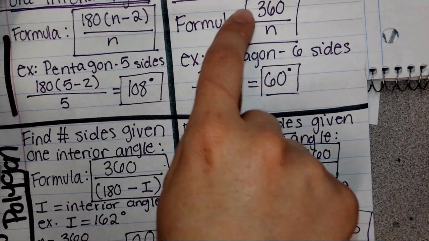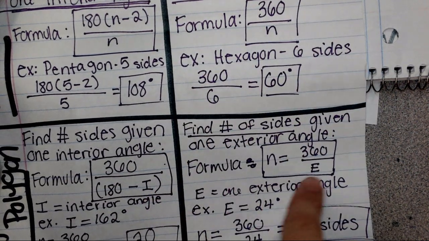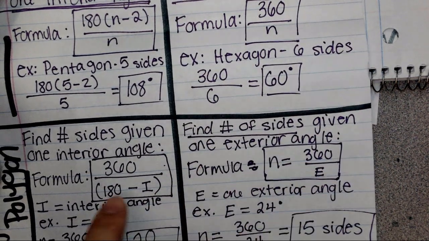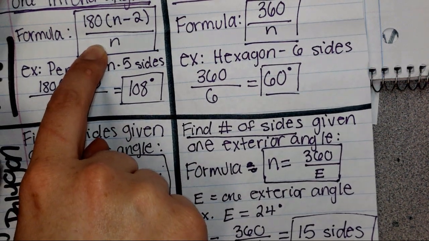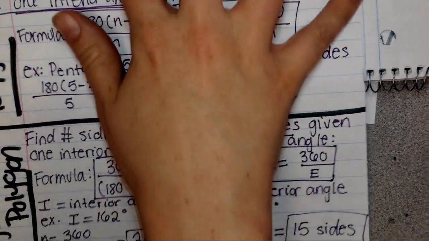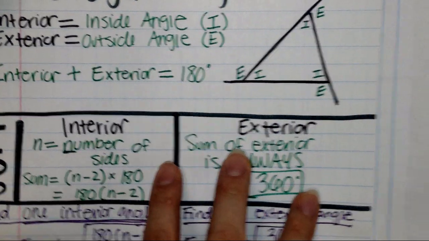We worked out how it comes from this formula, and if you solve this formula for n, this is what you get. Trying to solve this formula for n gets pretty complicated. But remember, an interior and an exterior angle sum to 180.